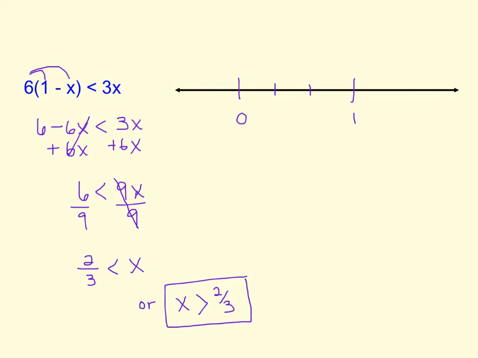Here's a third, there's another third, and another third. We want our circle to be at 2 of those. So 2/3 is right there. Oops, that should have a 3. There we go. Then we need a circle. It's a greater than without the or equal to, so open circle. And x is greater than, so shade to the bigger numbers, which will be in that direction.